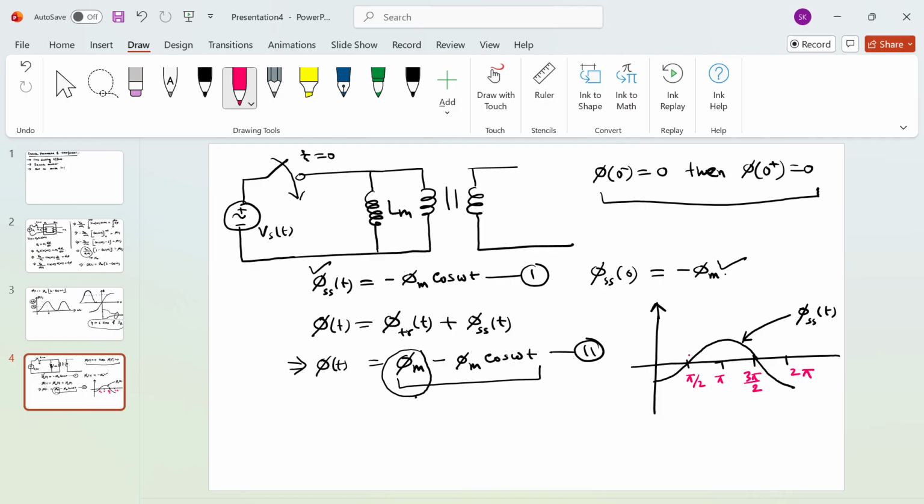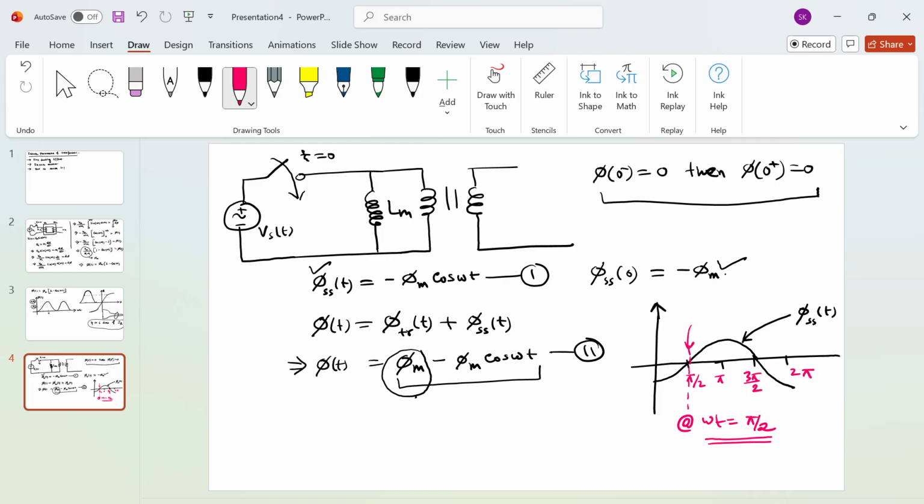Now, if you perform your switching action at omega t equal to pi by 2, instead of switching at t equal to 0, at that condition your steady state flux is 0. So it is satisfying the constant flux linkage theorem smoothly. So here you can do this soft switching.